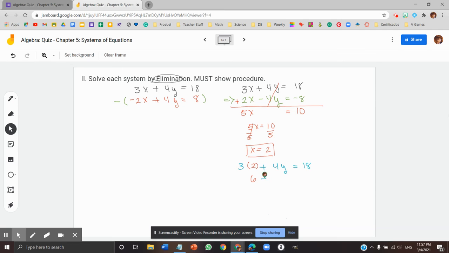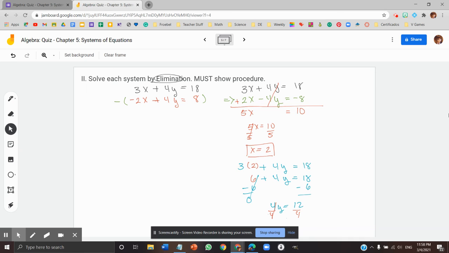And I can put everything else back where it was. Now I want to take that 6 and send it to the other side. So I'm just going to subtract 6 on both sides. This is going to be 0. And I'm going to be left with 4y equals, how much is 18 minus 6? It's going to be 12. And again, I want to take away that 4 so I can divide by 4 on both sides.